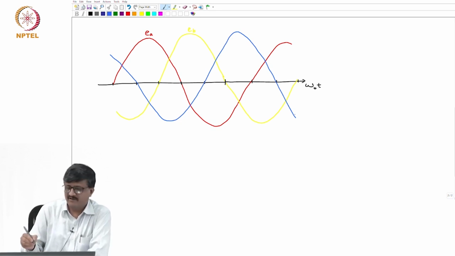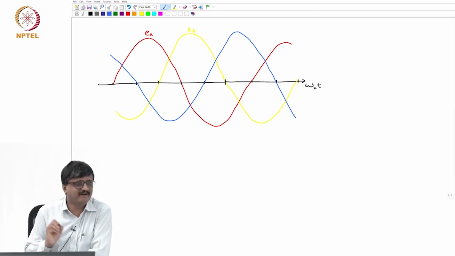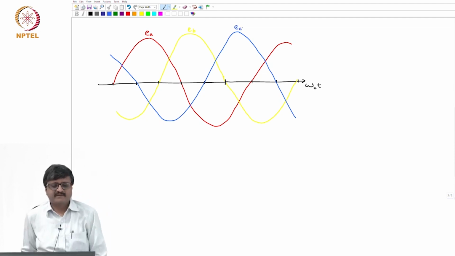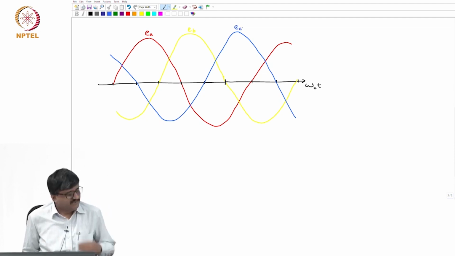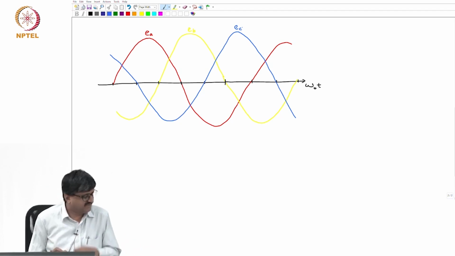Since it is freehand drawing, please note all these waveforms are sinusoidal, though they may not appear exactly like that, and they are balanced. That means they have equal peak values. So, this is EC. Okay. So, I will mark some angles on the abscissa.